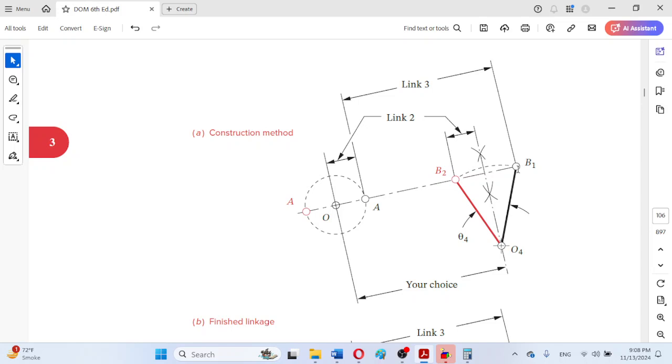Maybe the rocker is moving with greater velocity in the return stroke than the forward or working stroke.